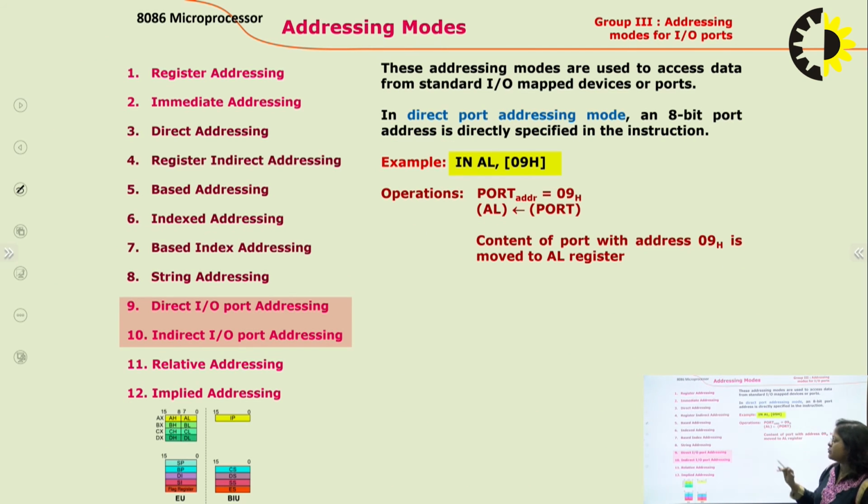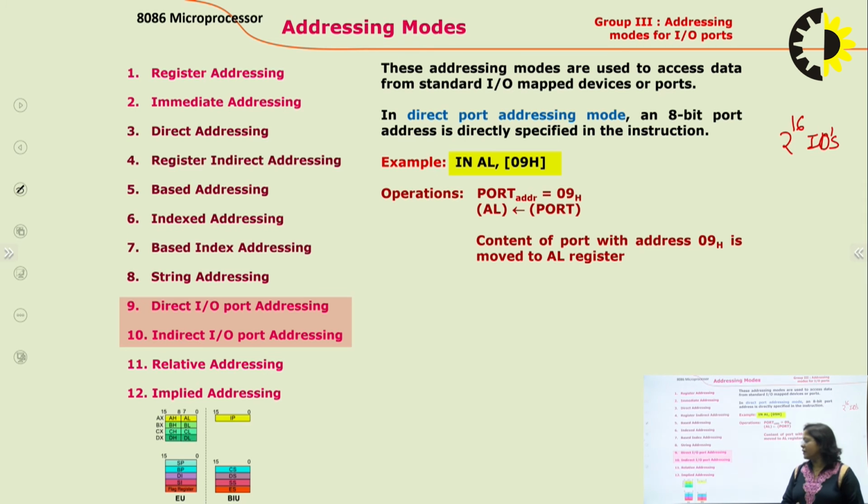Next is IO port addressing. In all the previous 8 addressing modes, we have discussed about fetching data from memory. Now we talk about IOs. As we all know that the data bus of 8086 is of 16-bit. That is, we can access up to 2 to the power 16 IOs using 8086.